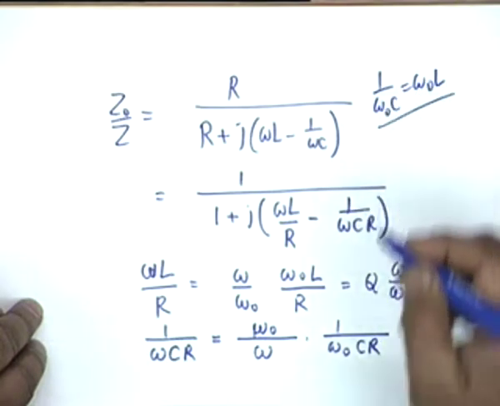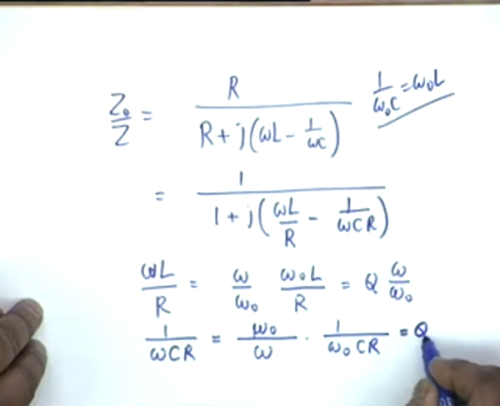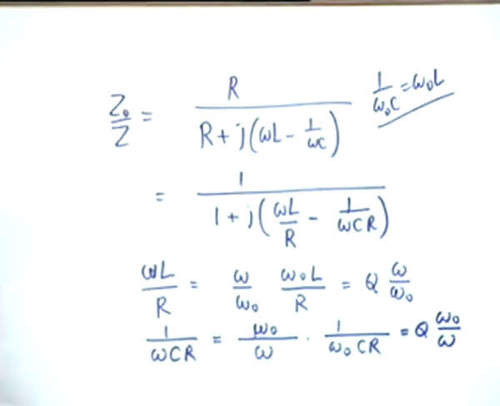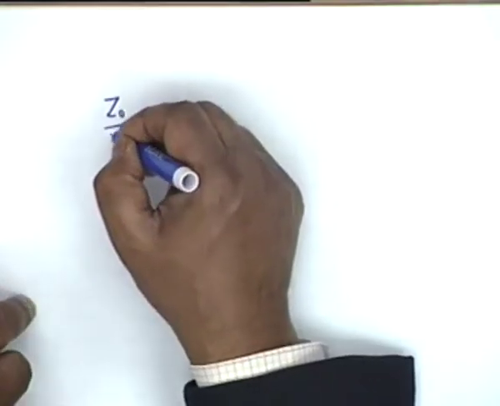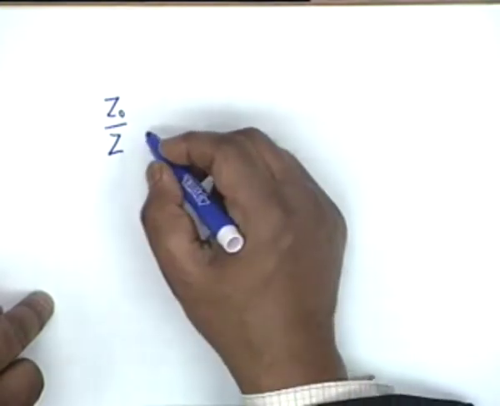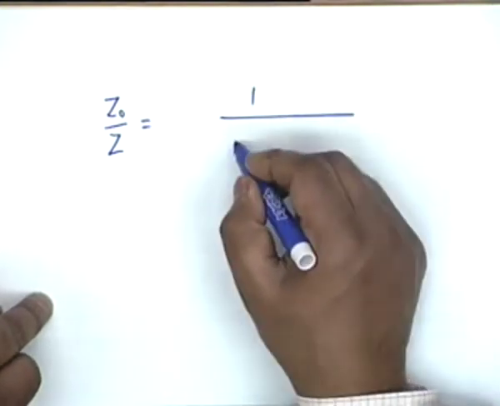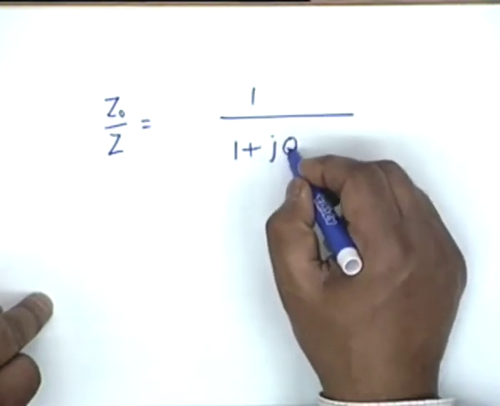This is equal to omega 0 L. So this is also Q, therefore this is Q times omega 0 by omega, and therefore we get a universal form of expression for the dimensionless ratio of impedances. This is 1 by 1 plus jQ.